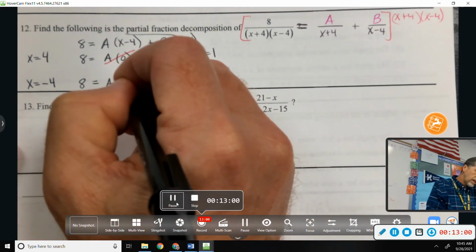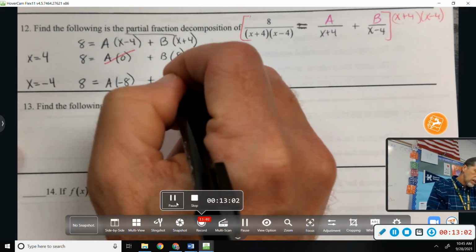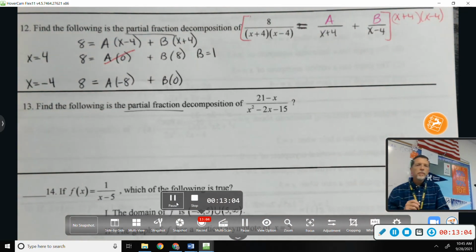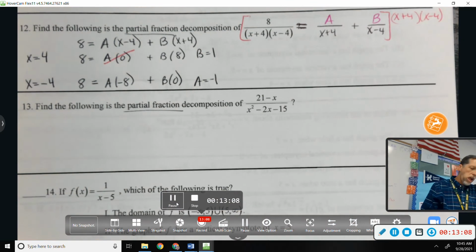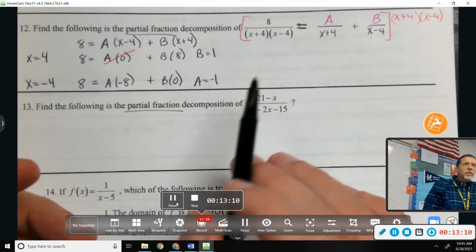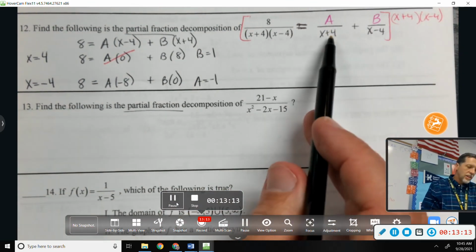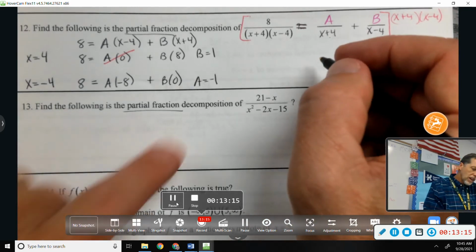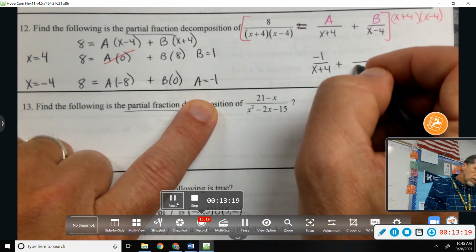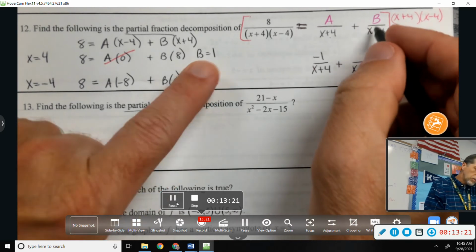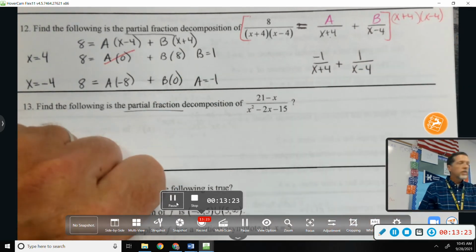A times negative 8 plus b times 0. So a is negative 1. And then just be careful, make sure you put the right number over the right fraction. Over x plus 4 is a, so negative 1 over x plus 4. Over x minus 4 is b, so 1 over x minus 4.